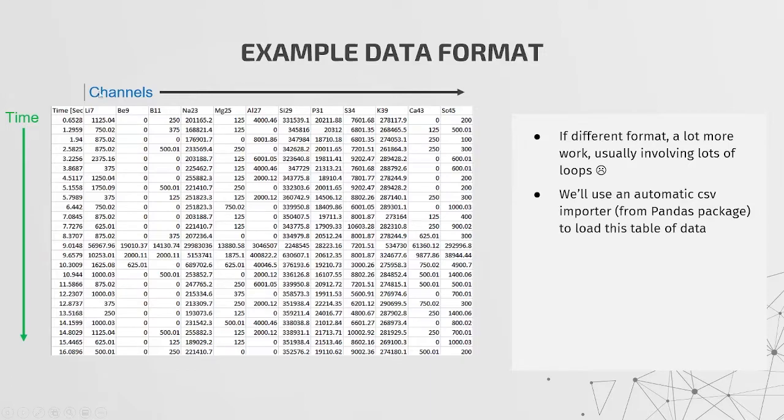If we have our data in this sort of format, we can actually use an automatic CSV importer, and we'll be using the one from the Pandas package to load this sort of tabular data. The Pandas package, as Joe's already mentioned, is one of those really commonly used data science packages out there, so it's really useful to know how it does these sorts of things.